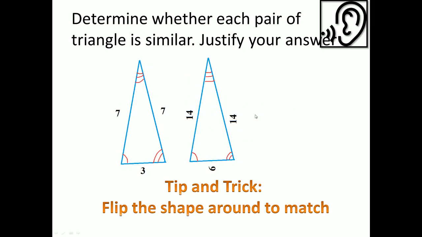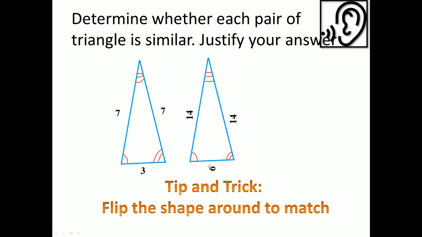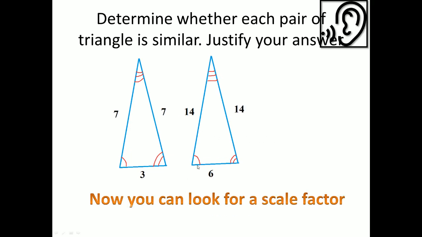Okay, so look, I just flipped it. This was a 14, that's a 14, and that's a 6. Nothing changed. Look, 6, 14, 14. Okay, that's just me doing a little rotation of 90 degrees. Alright, so I'm just going to make this 14, 14, and the bottom is going to be 6.